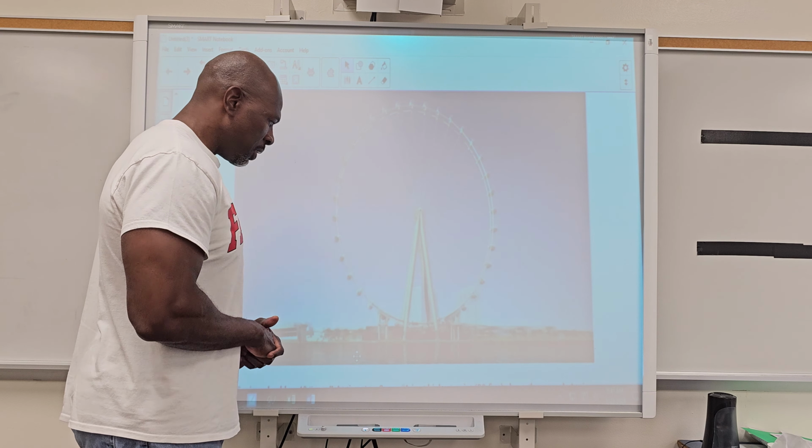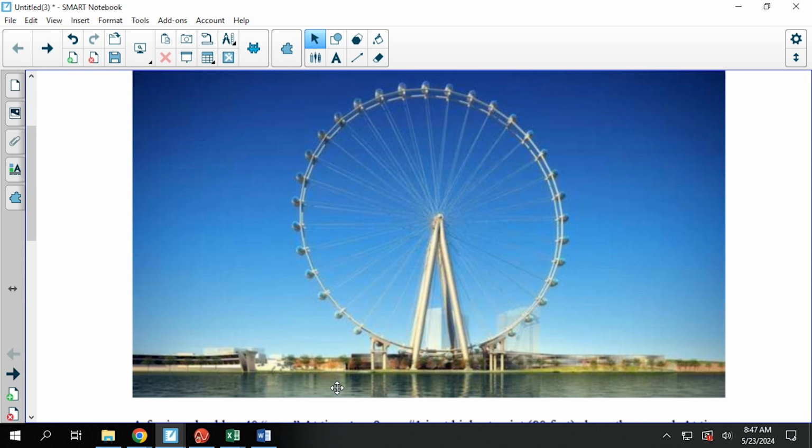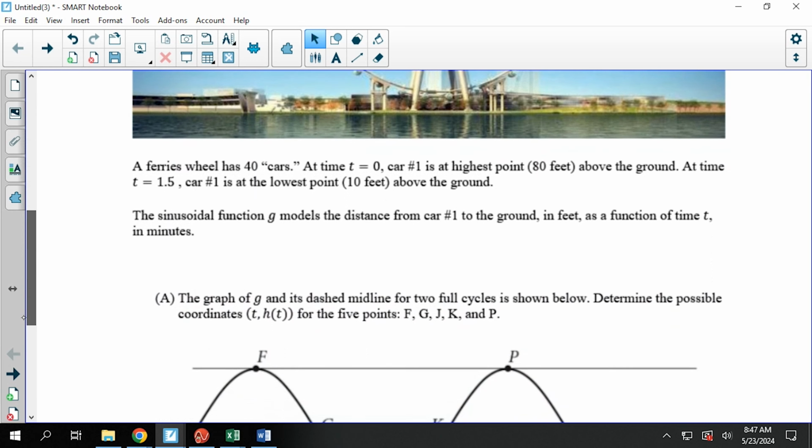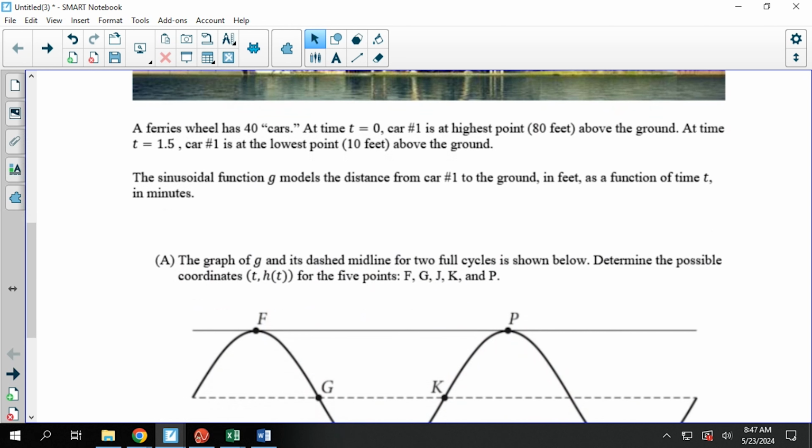All right, so I have a sample problem similar to how these look. So let's go through it and kind of go through the basics. So this is a Ferris wheel here, and I'm just going to read the problem and point out the important information. So a Ferris wheel has 40 cars.